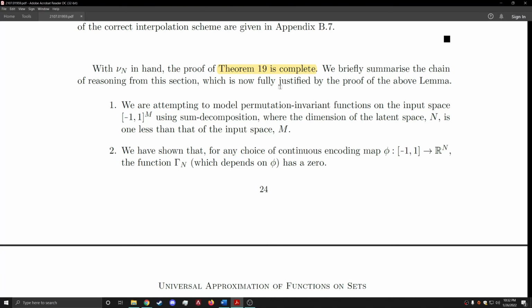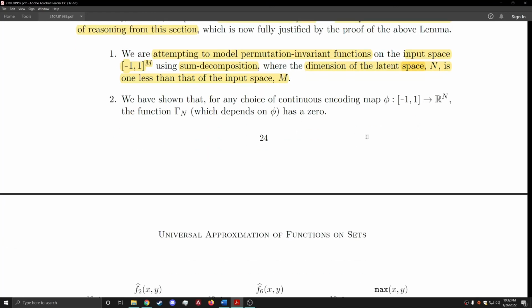So let's talk about what we just did. We briefly summarized the chain of reasoning. So we want a permutation invariant function to approximate. The input space is going to be some hypercube. We want to use some decomposition, and the dimension of the latent space n is 1 less than the input space m.